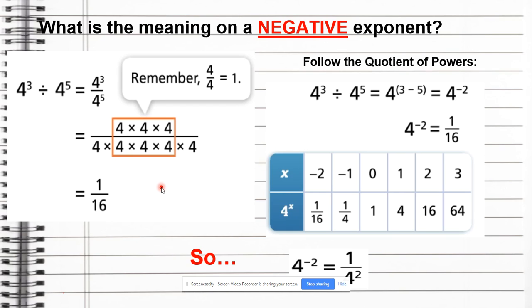Now, we're going to have much larger numbers, which means that you're not going to be able to do that with a power. If it was 4 to the 50th power over 4 to the 60th power, those are numbers that are huge. You're not going to write 4 60 times or 4 50 times, right? So think of this as just understanding the concept of what is the meaning of that negative exponent.